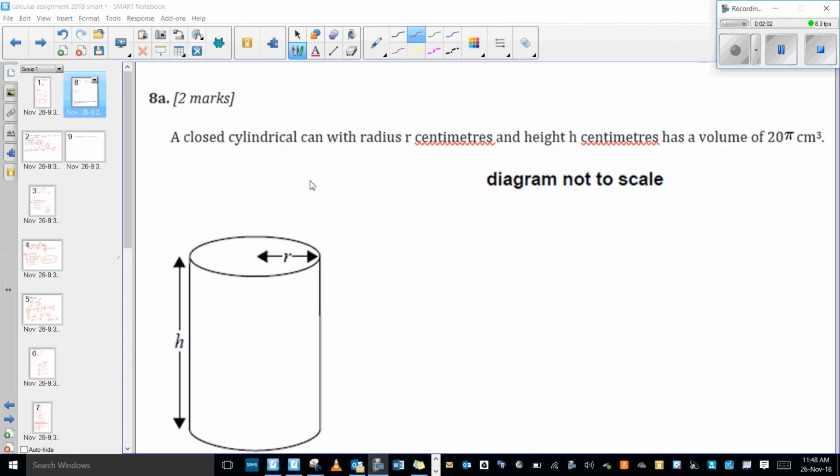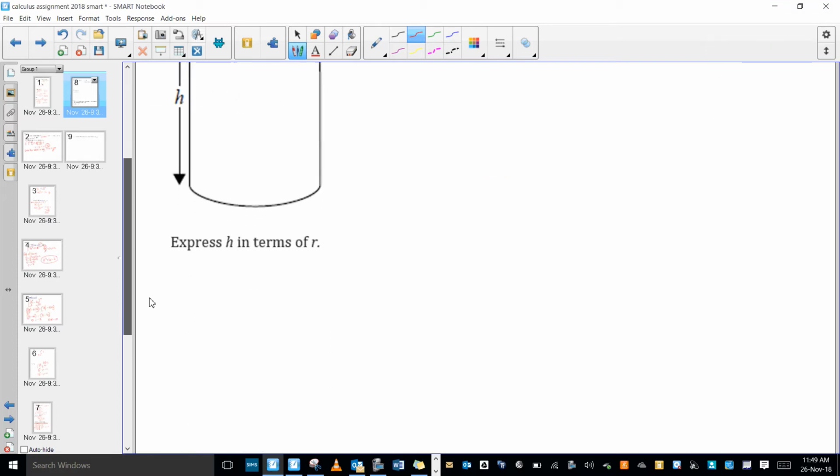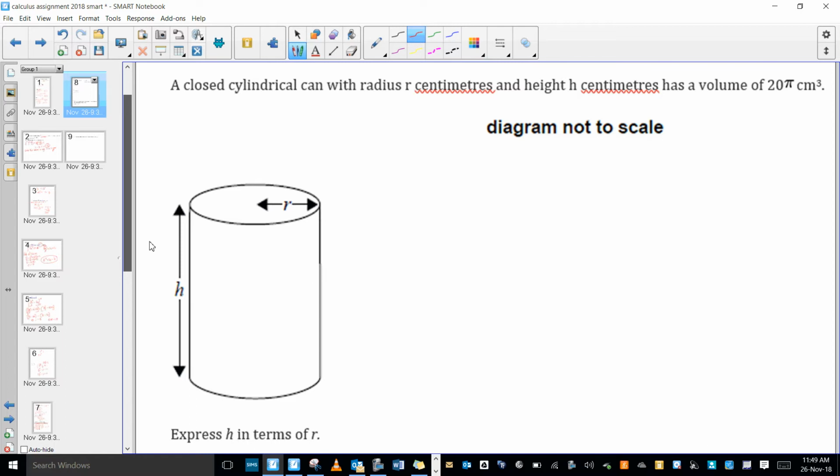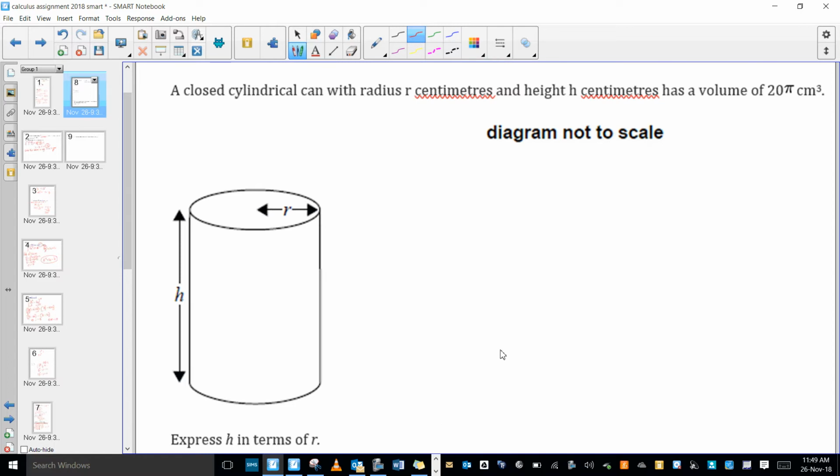Alright, a closed cylindrical can has a height h and a volume of 20 pi. Express h in terms of r. Okay, so if we know it has a volume of 20 pi, the volume of a cylinder is pi r squared multiplied by h.